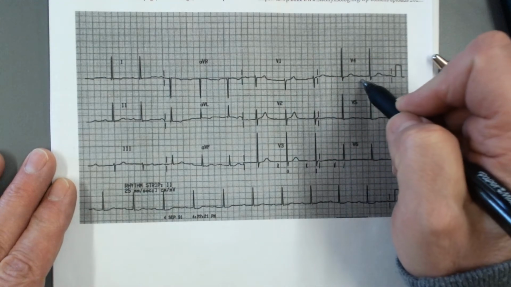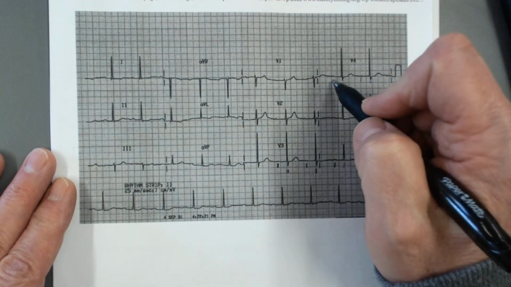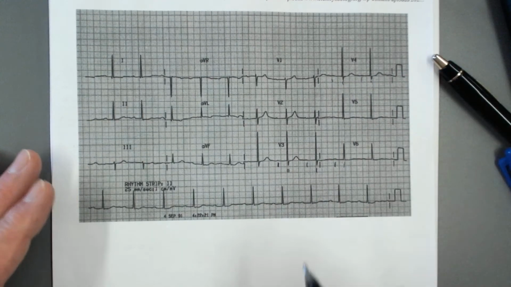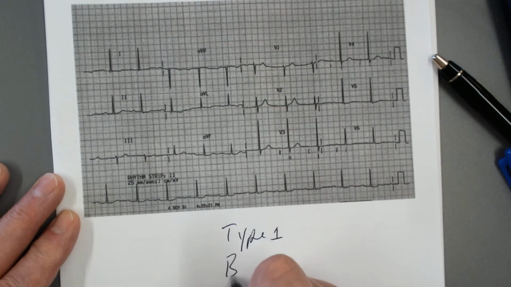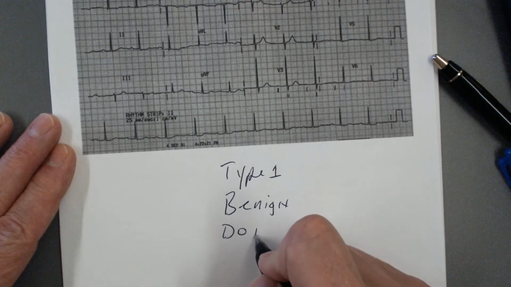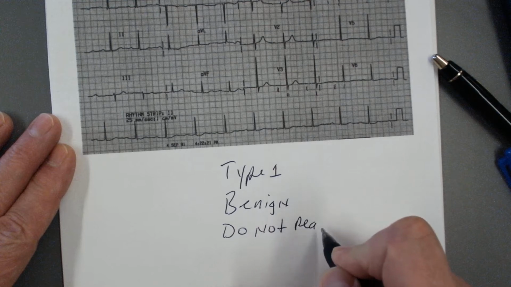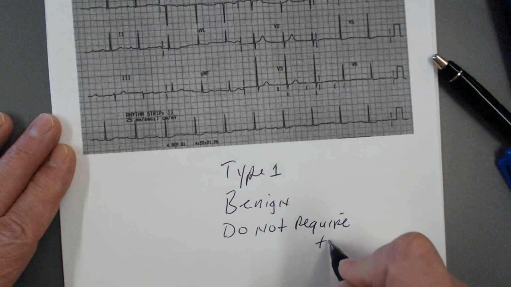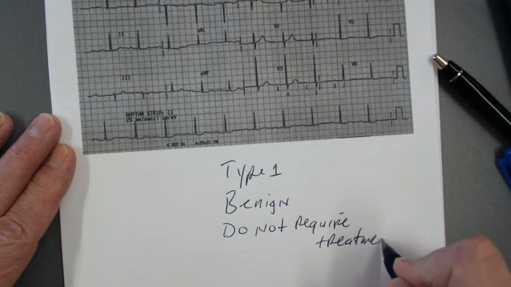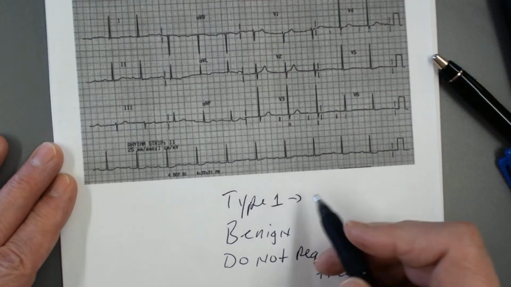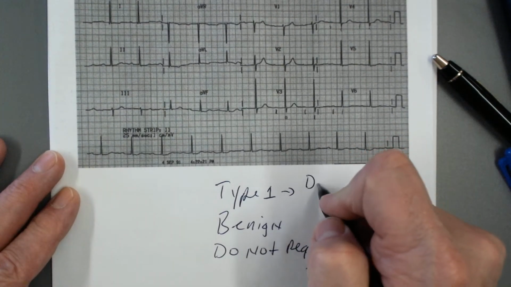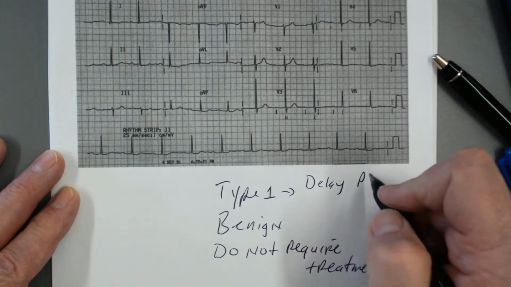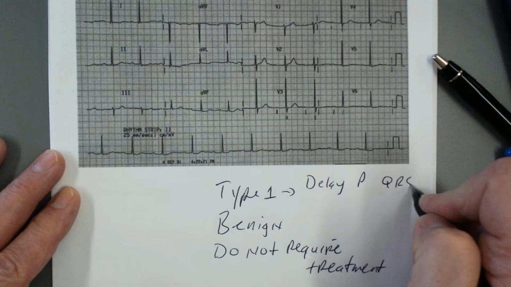So we could take a look at some of these others, and we just see this theme. There's a delay. Now, typically, this is your type 1. Type 1s typically are benign. Therefore, they do not require treatment. So again, these are characterized by a delay from the P wave to the QRS wave.